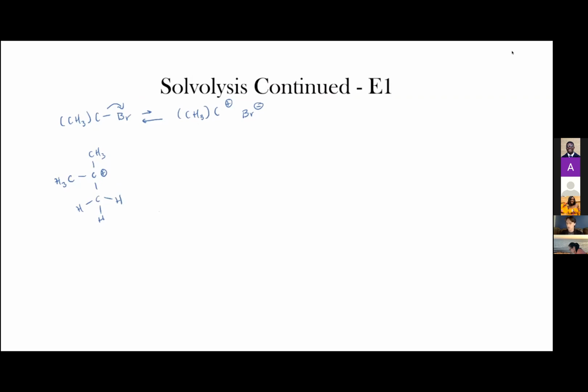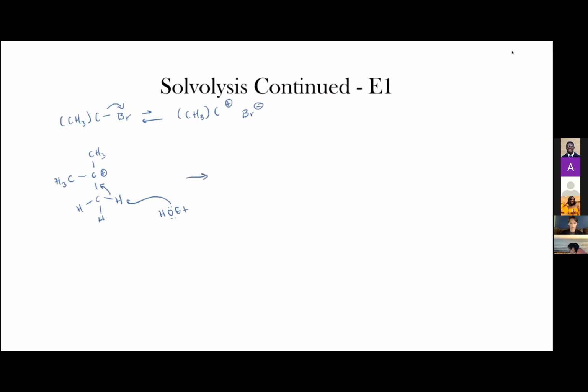So again, for this one, we have our solvent being ethanol, and this is going to attack a beta carbon, which then donates those electrons back into a carbon-carbon double bond.